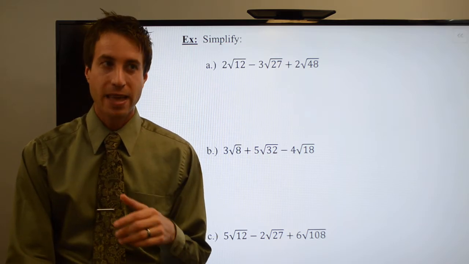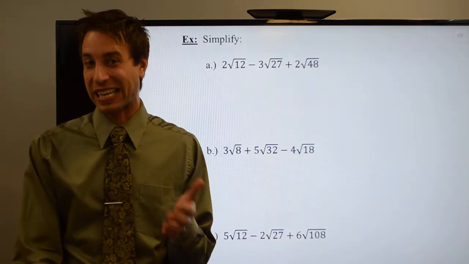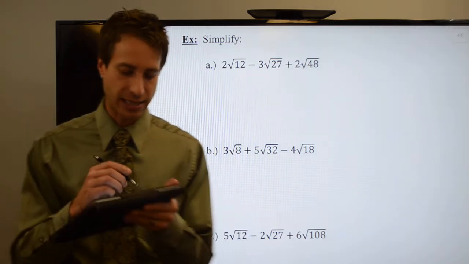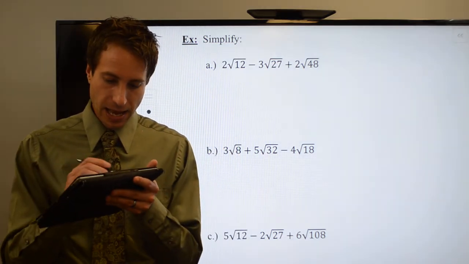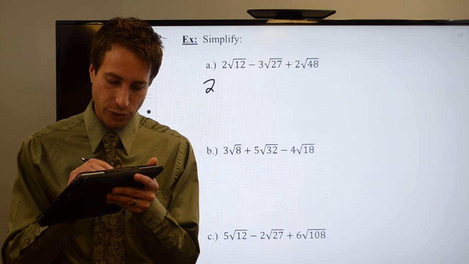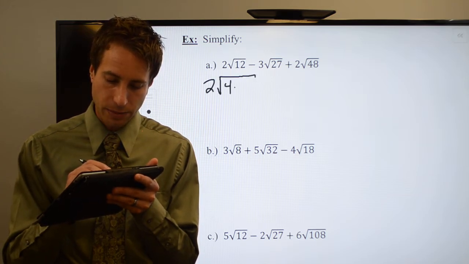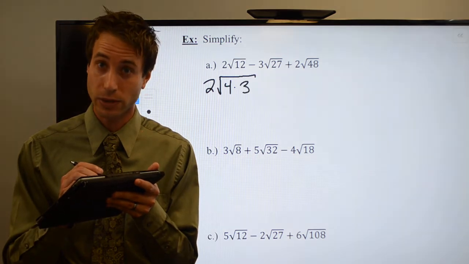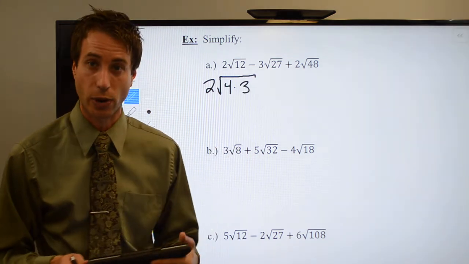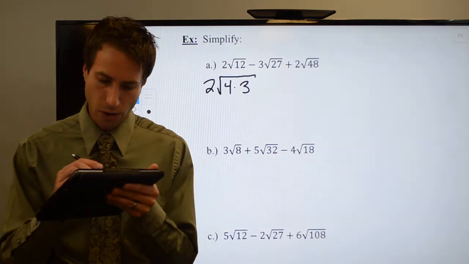Except there's some stuff that we can do to these. Check this out. I can rewrite this as 2 times the square root of 4 times 3. Yeah, 4 times 3, right? Because 4 is a perfect square and 4 times 3 is 12. Awesome.